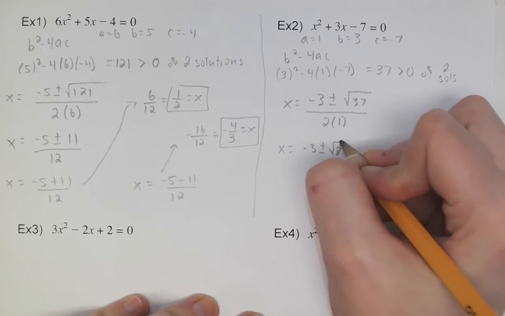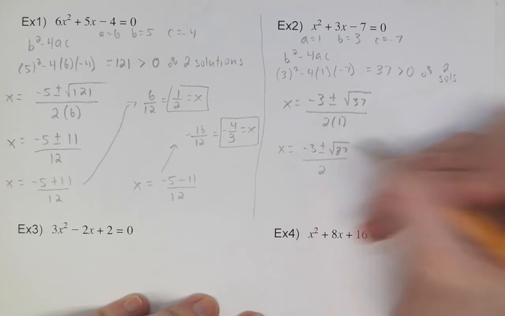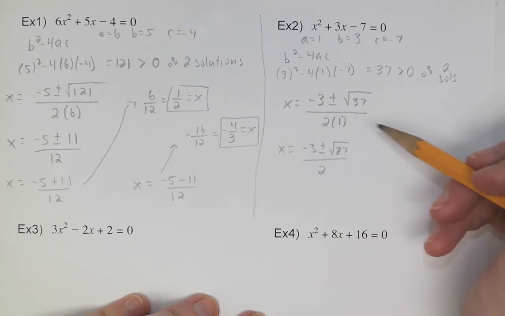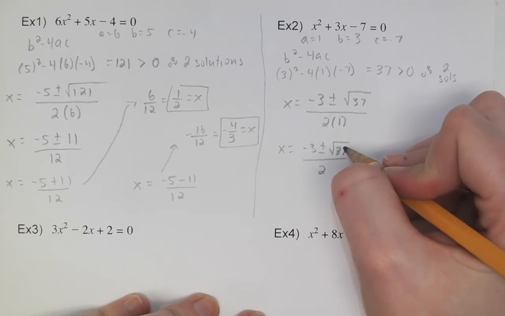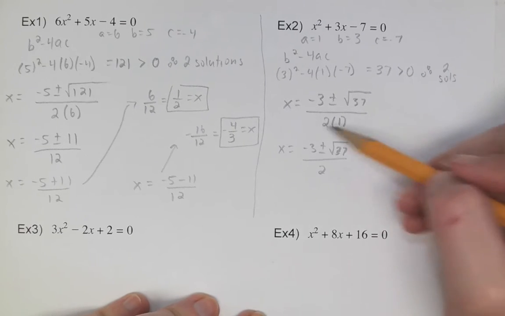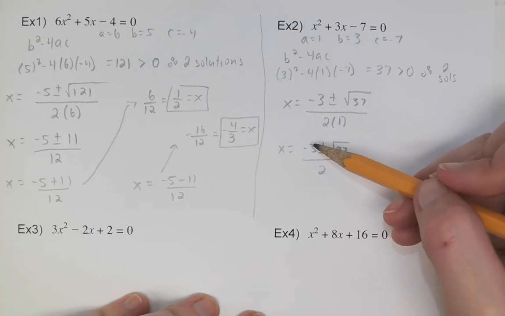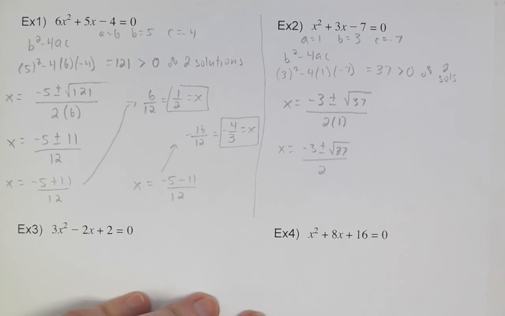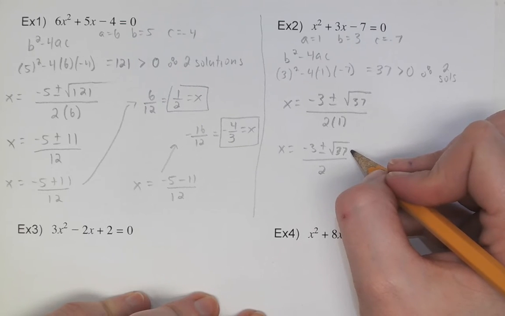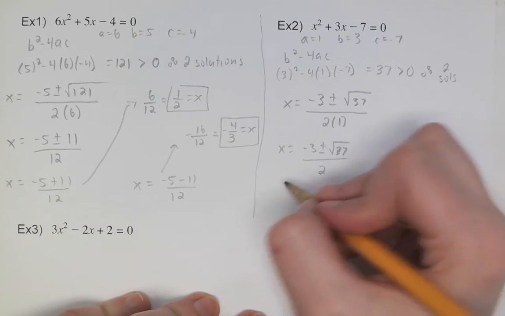Okay, now let's simplify. Square root of 37 over 2. Now this right here would be an exact answer because 37 is not a perfect square, so I can't really do anything with that. But let's get a decimal answer here too, because when I look at this, I have no idea where that is on a graph. So let's get a decimal answer for this. So the square root of 37, I'm going to break this up and simplify that at the same time.